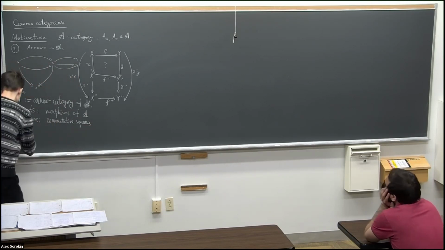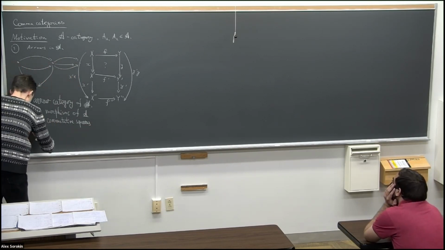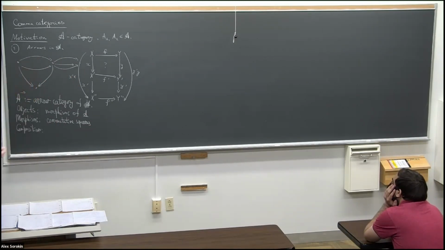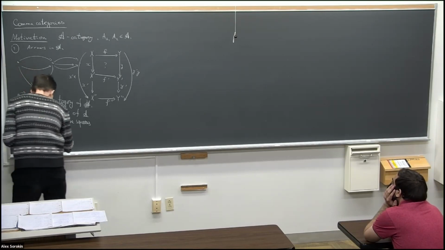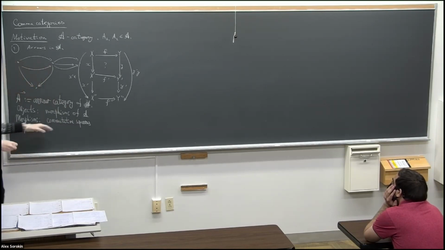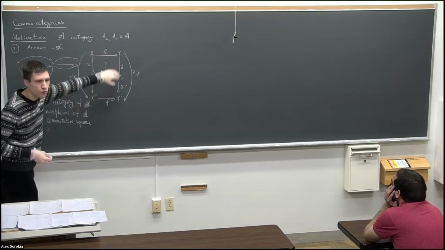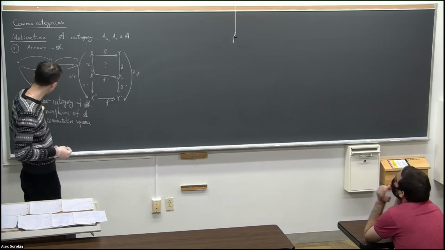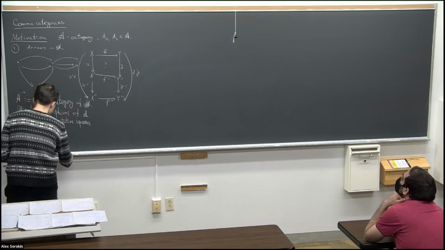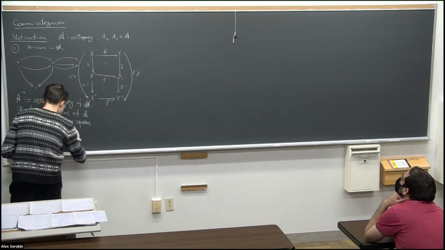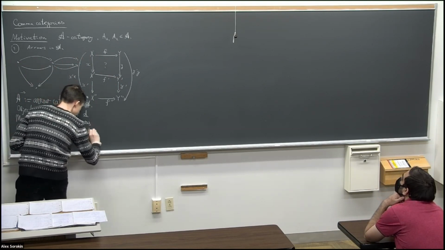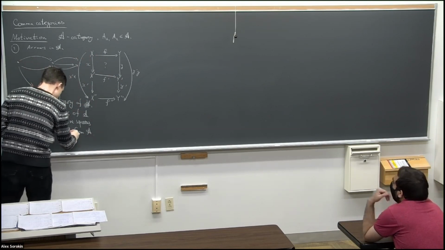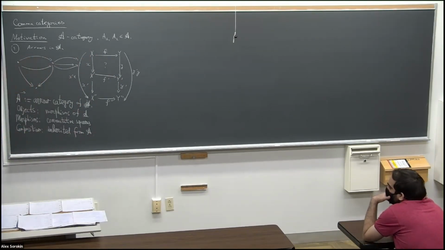Composition is inherited from composition in A, because we compose vertical arrows when we attach two squares. We compose them using the composition in the category. So I will write: inherited from A. More details we'll see in a few minutes.